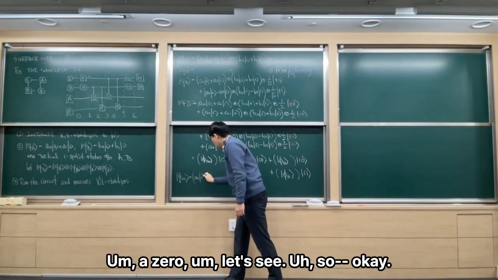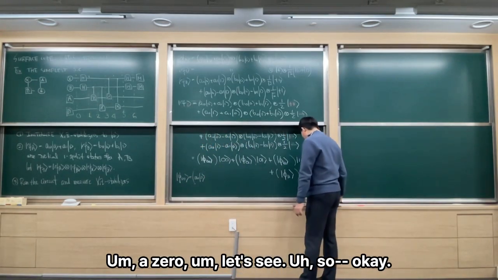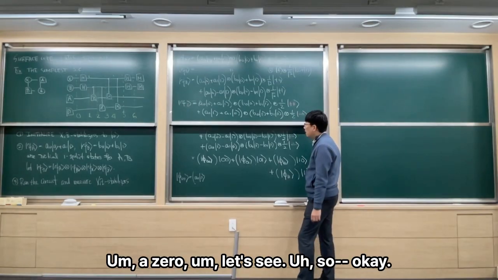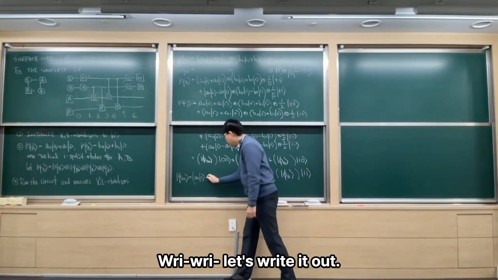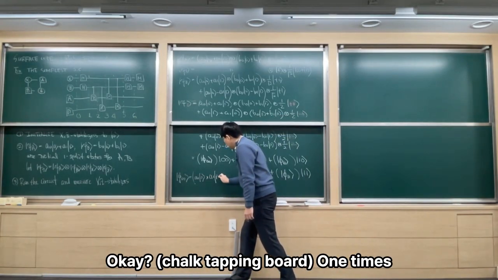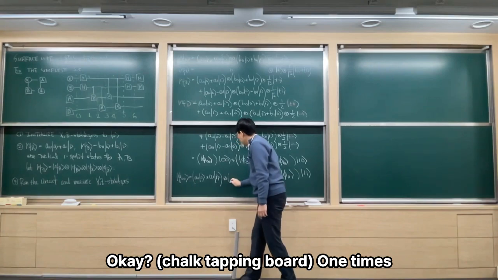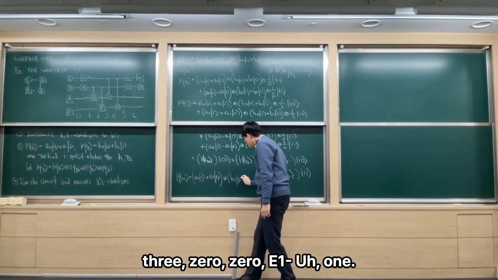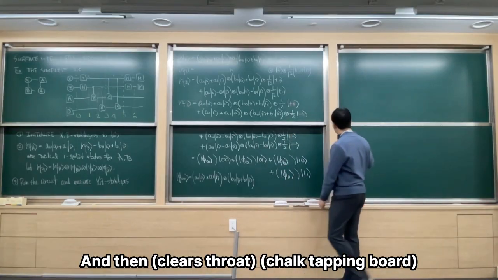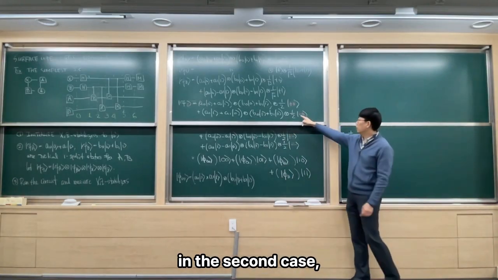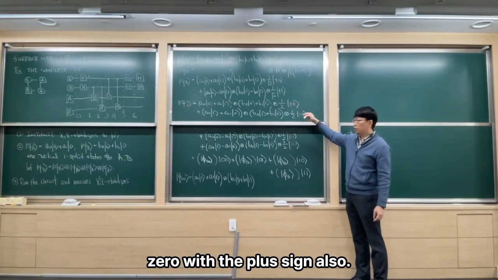Let's write it out: A0 times B0, 0, B1, 1. And then in the second case, you can collect 0, 0 with the plus sign also.